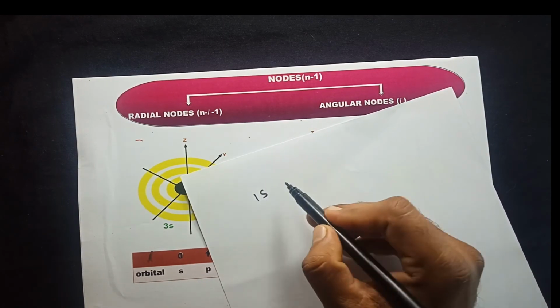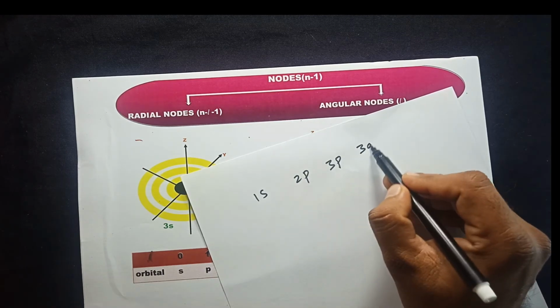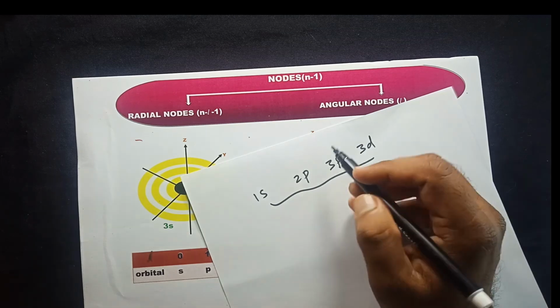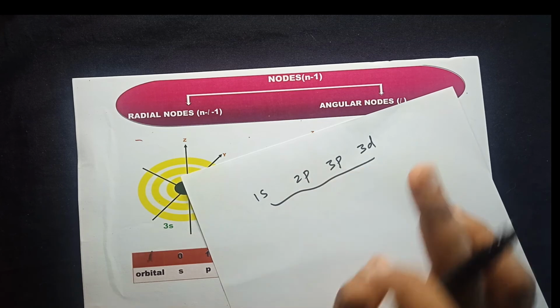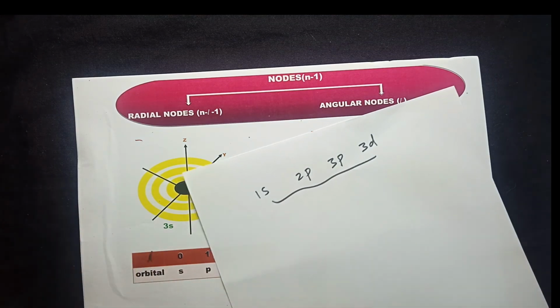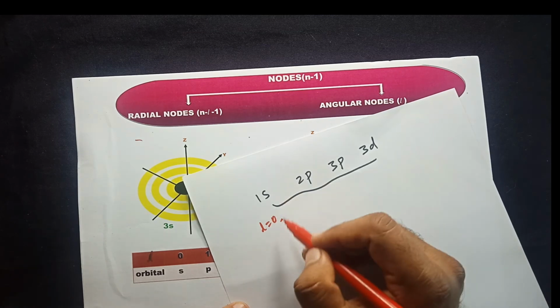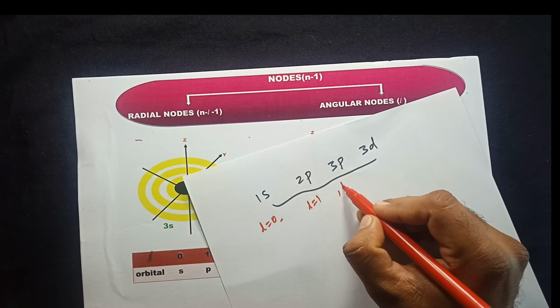Yes friends, look here, in the examination they will ask like this. They will ask about the 1s orbital, 2p orbital, 3p orbital and 3d orbital. Among these four, which one will have zero nodal planes? So we have to calculate the angular nodes. For the 1s orbital, L is equal to 0. For p, L is equal to 1, here also 1.